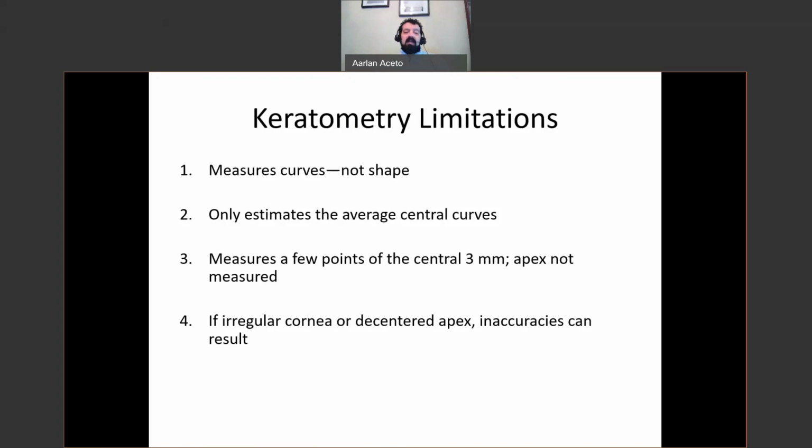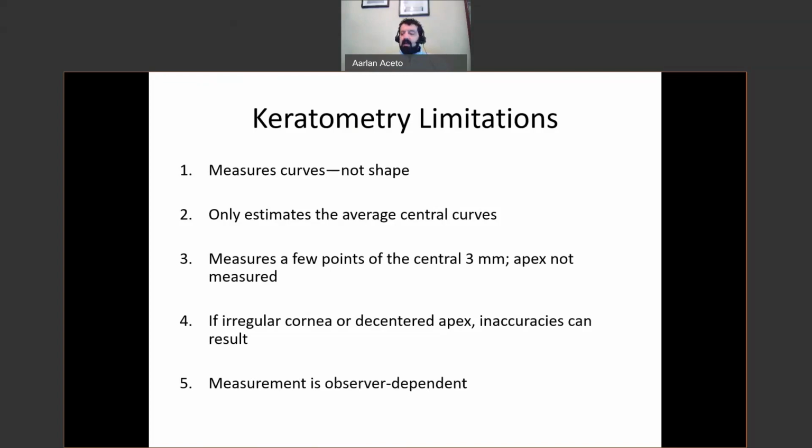So if you have an irregular cornea or some irregularity of some sort, this manual device that depends on shining a reflection off of a spherical-ish surface really starts to break down, and it's not as accurate.